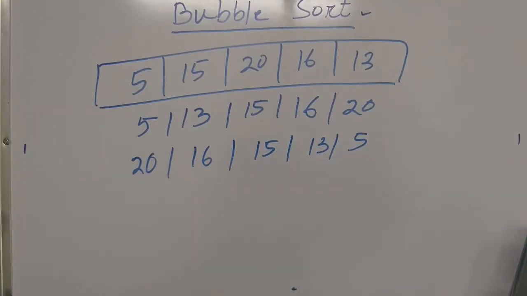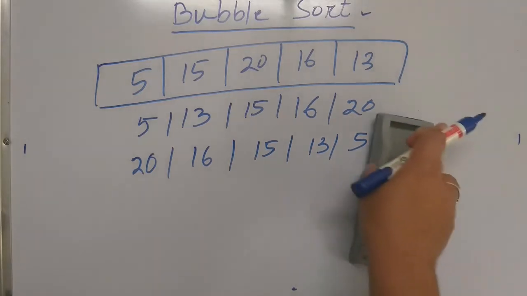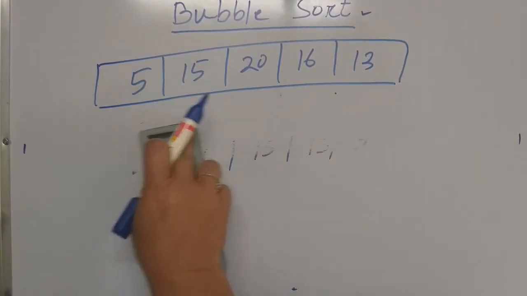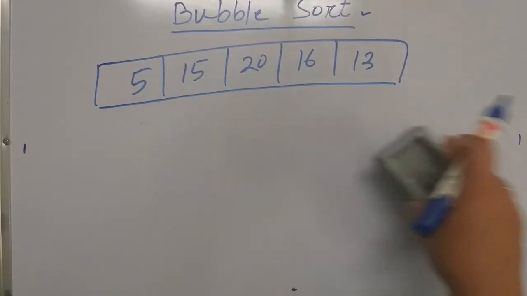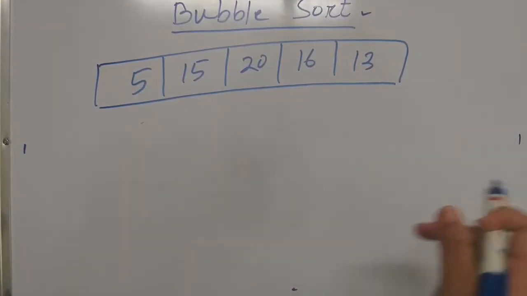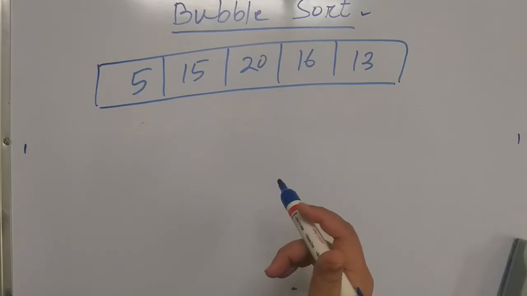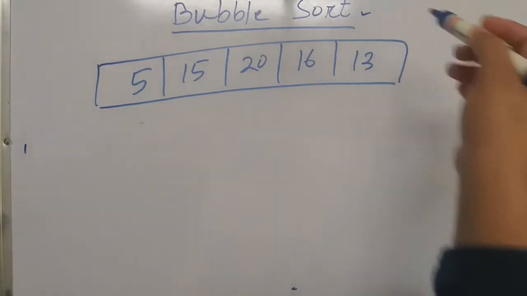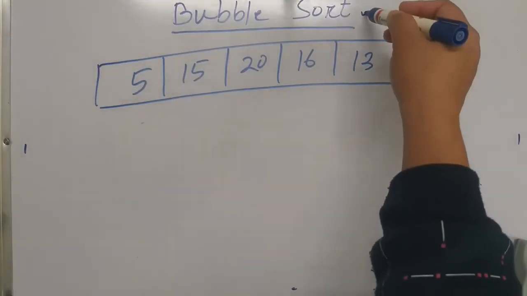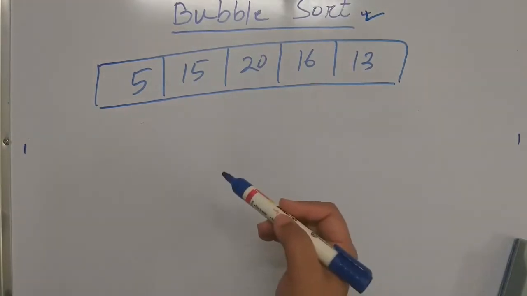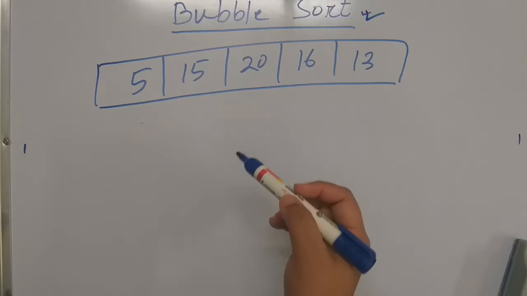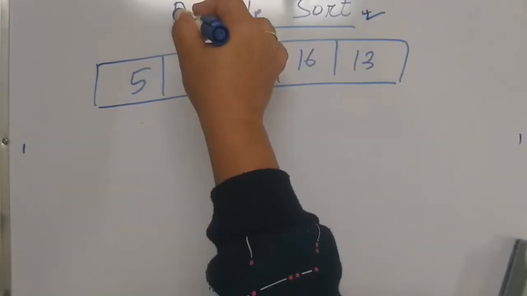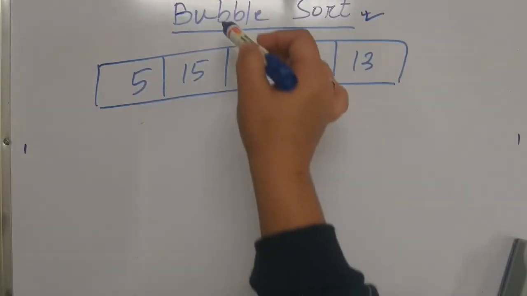For doing this sorting, how do we sort it? We use different types of techniques to sort, and among these techniques, bubble sort is one of them. What do we mean by bubble sort? The name suggests that we sort like a bubble.